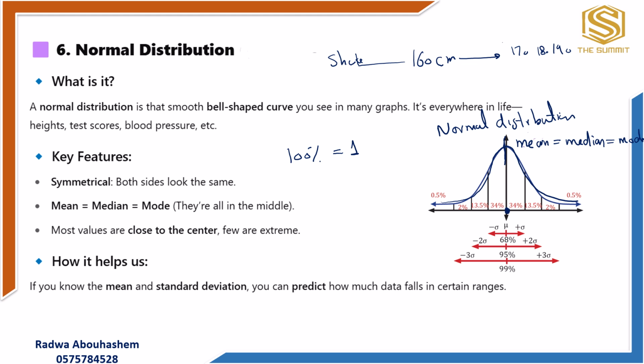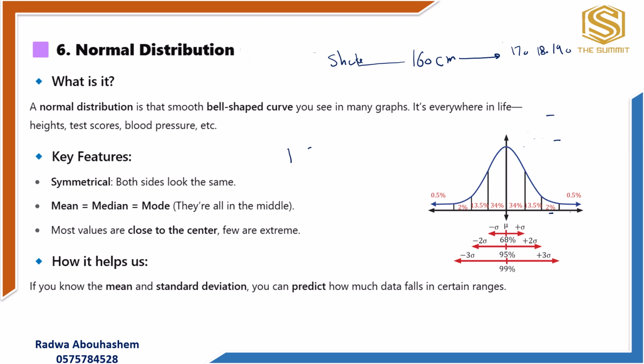As you see here, the percentage or probability of getting a number in these regions is 34%, then 13.5%, then 2%, and then 0.5%. But how did we get this?